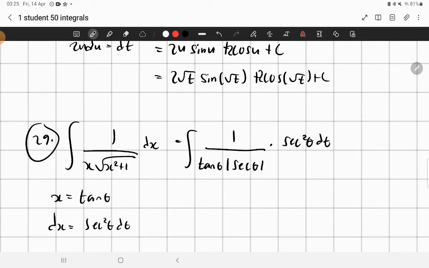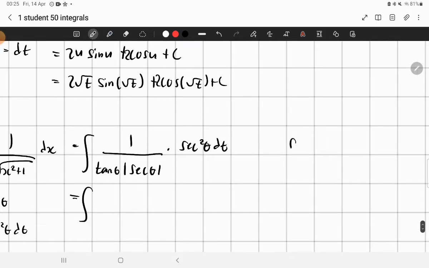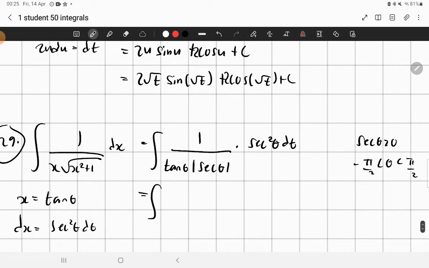So yeah, from here you could solve it. Okay, condition wise, yes, we have to mention this.